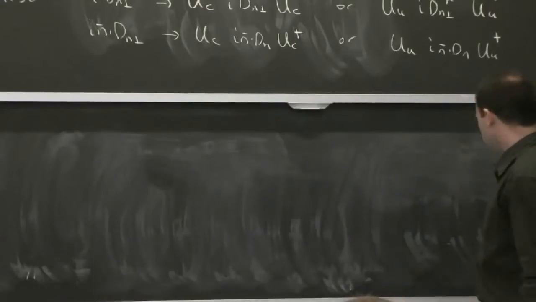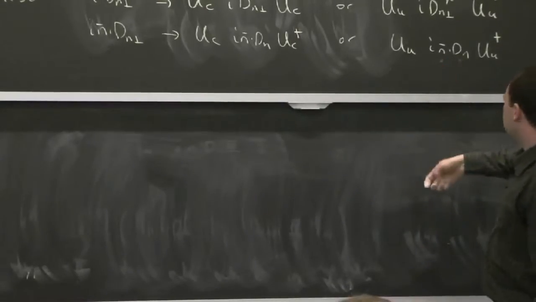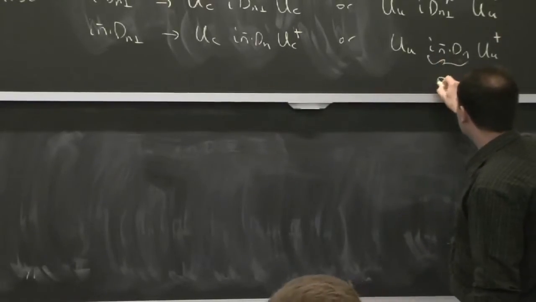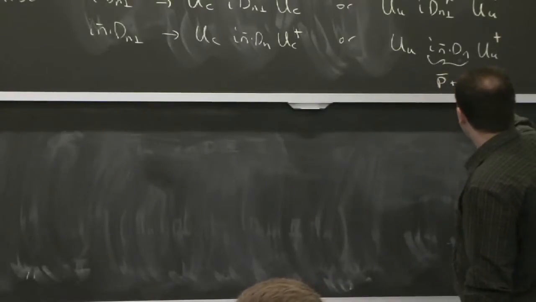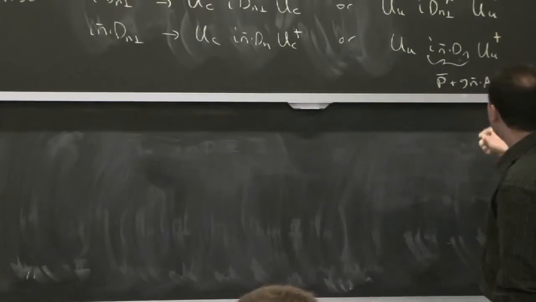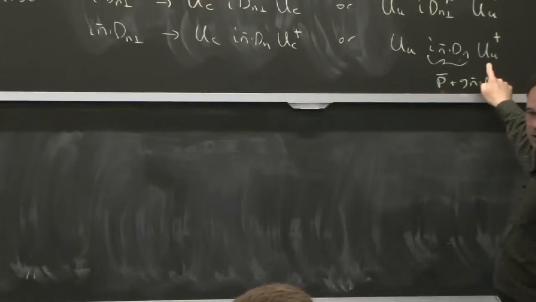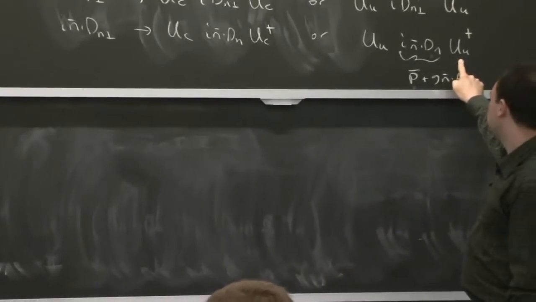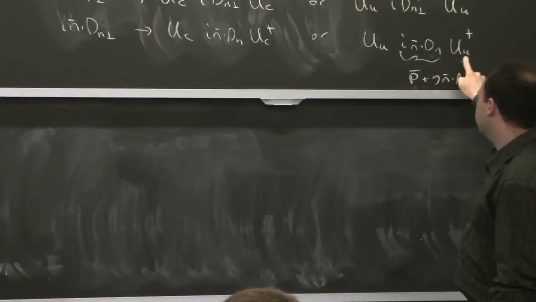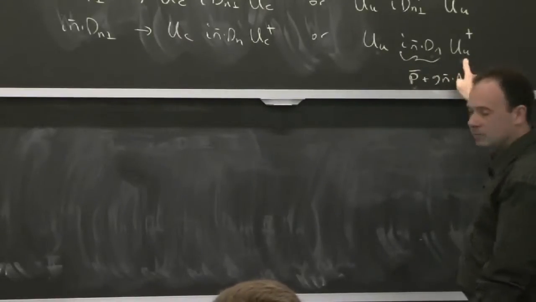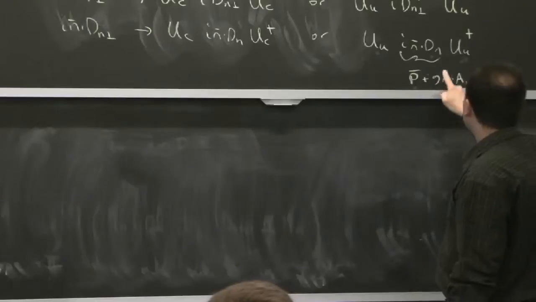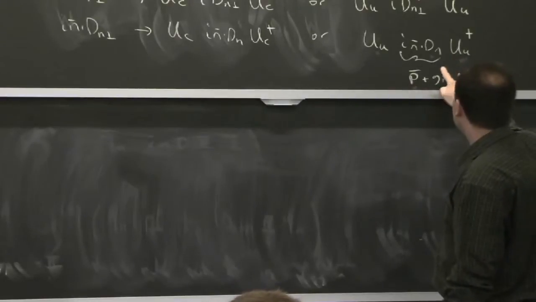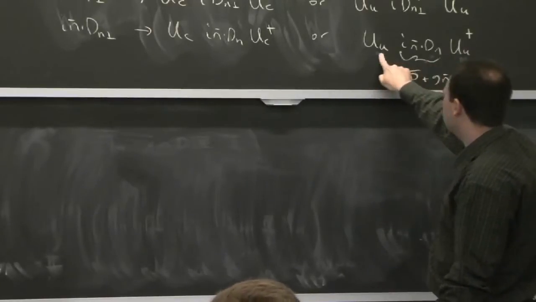For this piece here, for example, remember what this thing is. This is label operator p bar plus g n bar dot A n. The label operator doesn't hit this guy. There's no label momentum in the ultrasoft U, so it just goes through that guy or gives 0, and U dagger is 1. So this piece doesn't contribute, and this piece transformed in this way already.